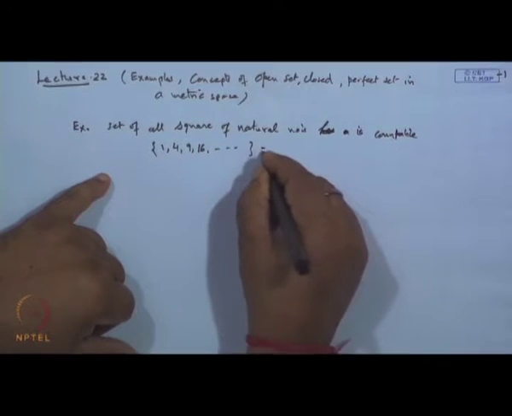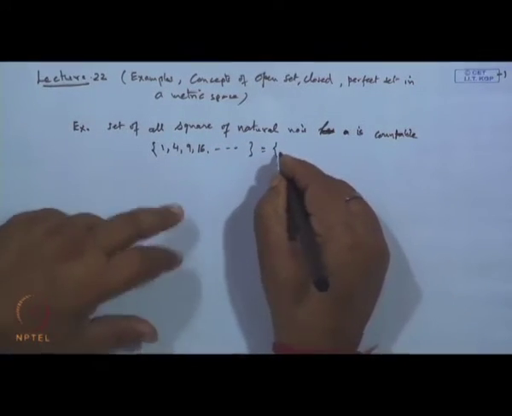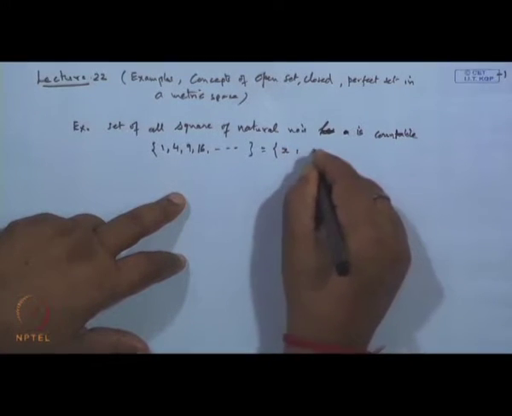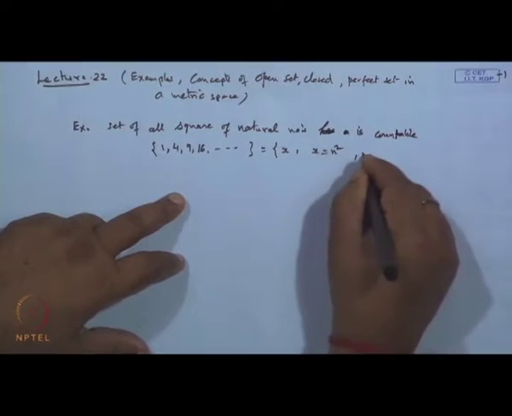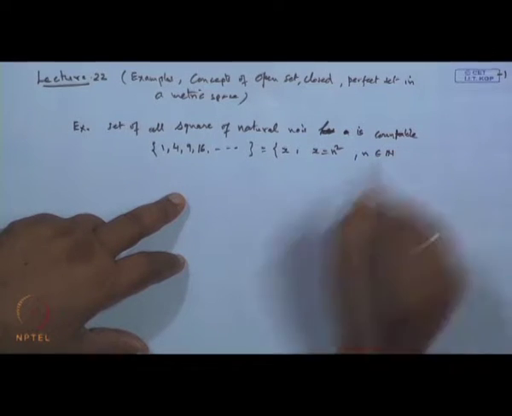That is a set of those elements x where x is of the form n square and n is a natural number.